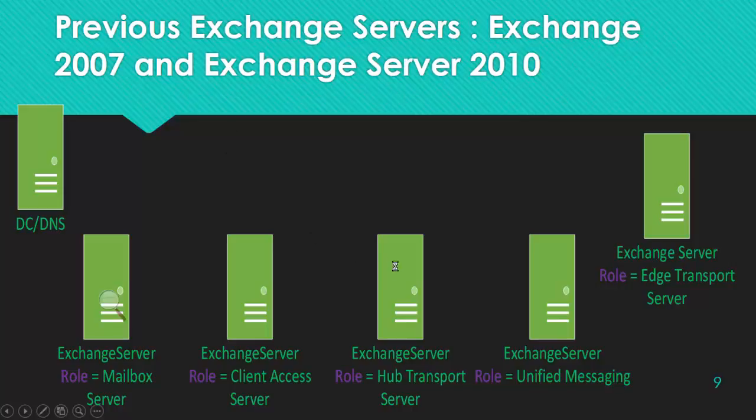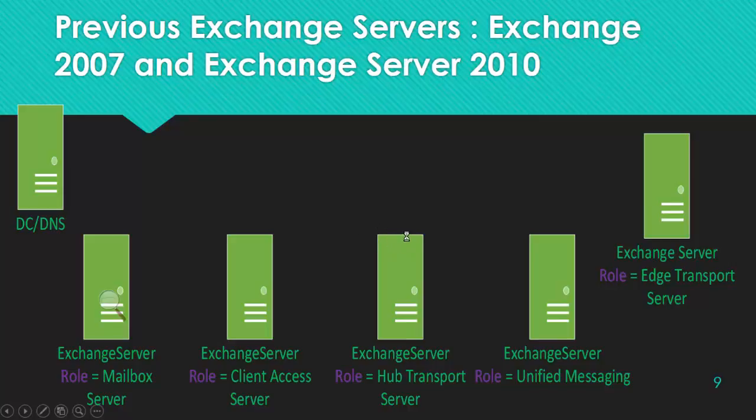So the Exchange Server Hub Transport role and the Unified Messaging role have been removed in 2013. The Hub Transport Server role has been divided between the Client Access Server role and the Mailbox Server role. What is the purpose of the Hub Transport Server? Its sole purpose is to send and receive emails.